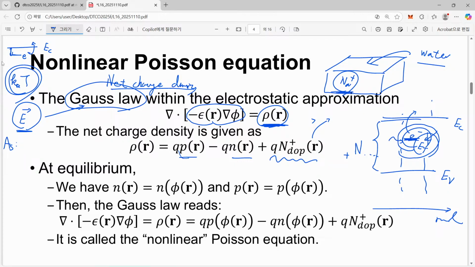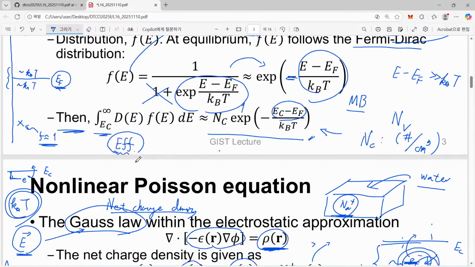And now we have hole density and electron density. Then how can we calculate these two quantities? That is our central question, and the answer is already given here. Electron density can be obtained from the energetic difference between conduction band minimum and Fermi level.